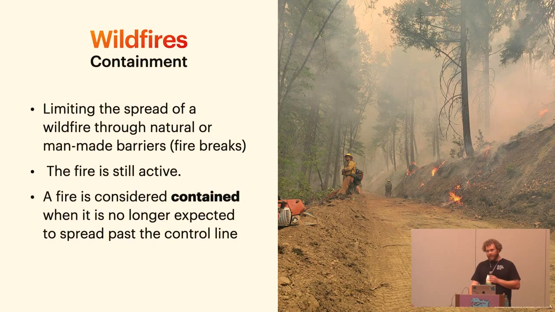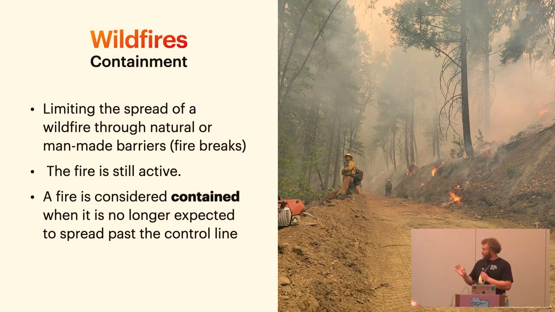misunderstanding: containment. So you've probably seen on the news with a fire that the containment value might be 15% contained, and people think, oh, the fire's 15% out. No, that's not what that means, right? That would be like 15% of the perimeter isn't expected to spread. There are different ways that you can make a fire break, which is just a natural or man-made barrier that's gonna help stop the fire from spreading.